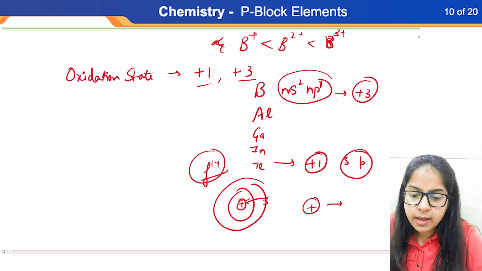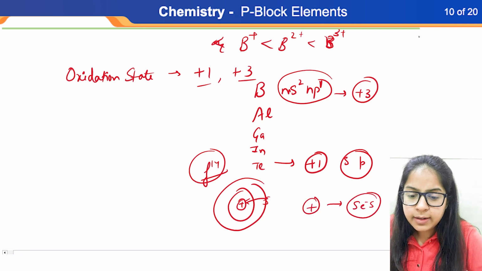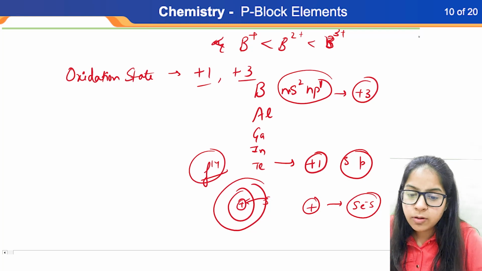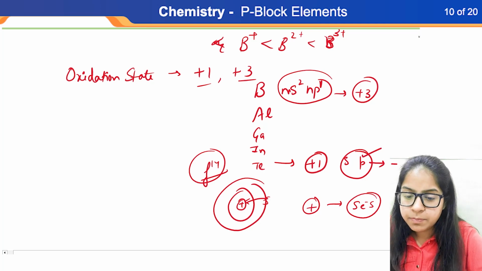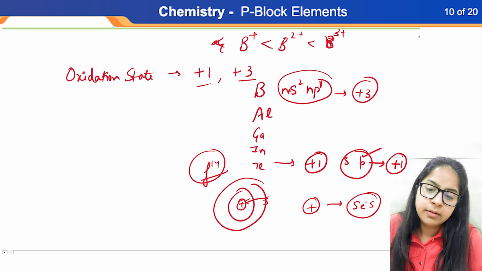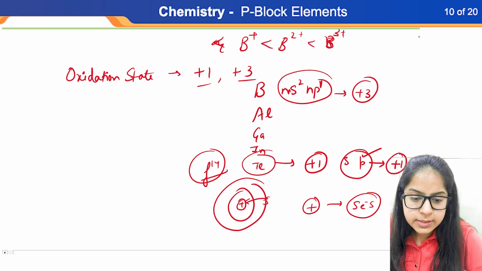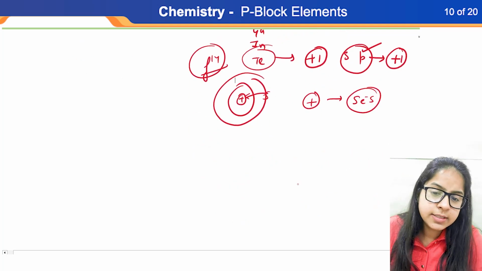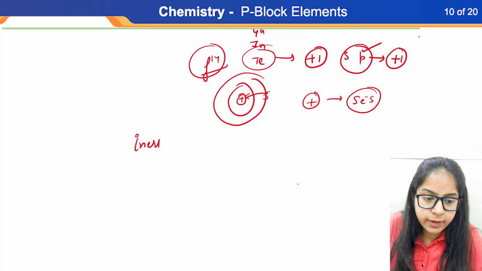The nucleus attracts the s electrons, and it is not easy to remove these electrons from the outermost orbit, and that's why the p orbital electron is going to participate. That's why only the +1 oxidation state is stable for thallium. Now, what is this? This is due to the inert pair effect.